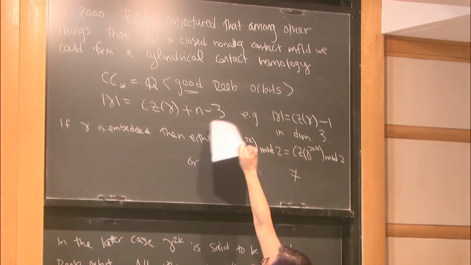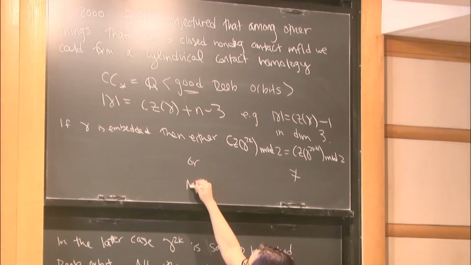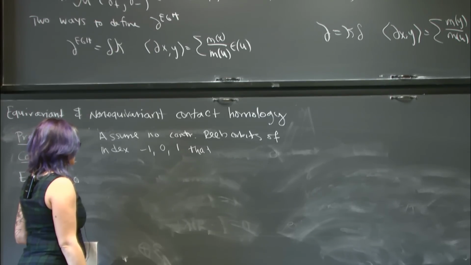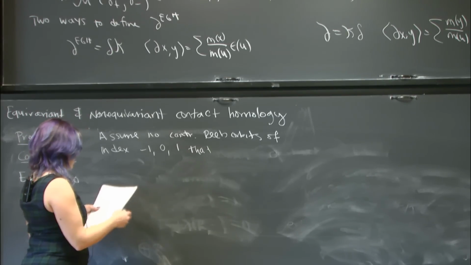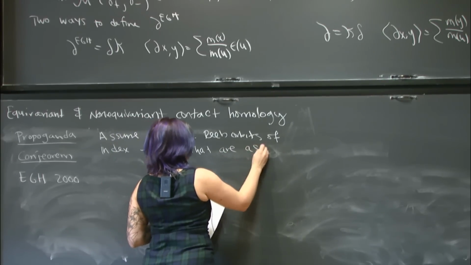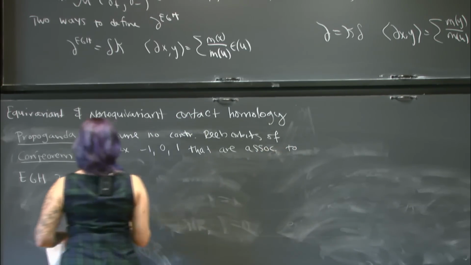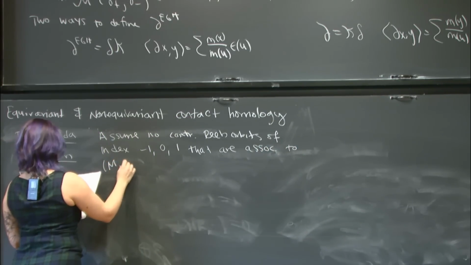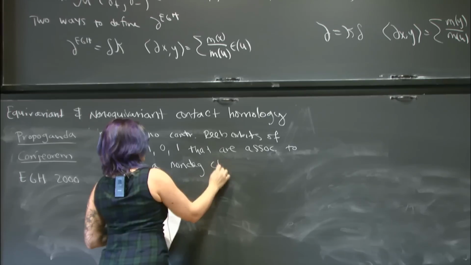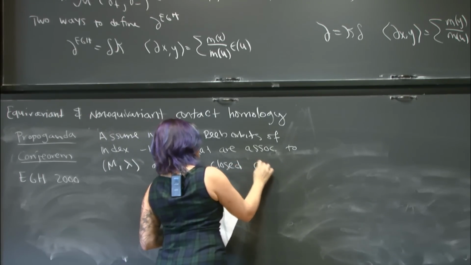Otherwise, it's something like plus n minus 3, where the n appears in the dimension of your contact manifold. Okay, so you want to assume there's no contractible Reeb orbits of index -1, 0, or 1 that are associated to lambda, a non-degenerate closed contact manifold.